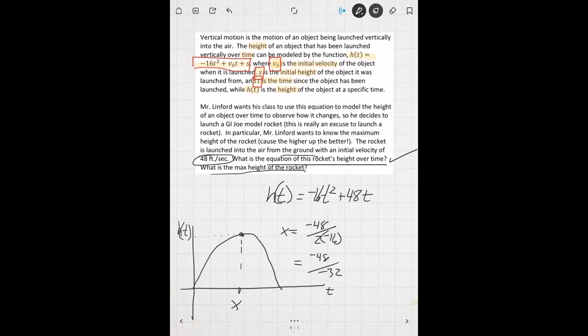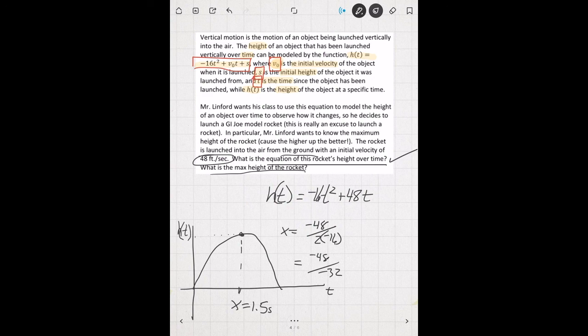And if we divide 48 and 32, we get 1.5. So x here is 1.5 seconds. That means it takes 1.5 seconds for the rocket to reach its maximum height.